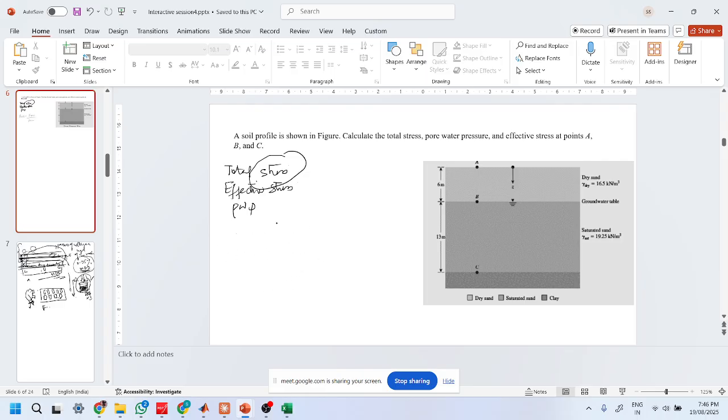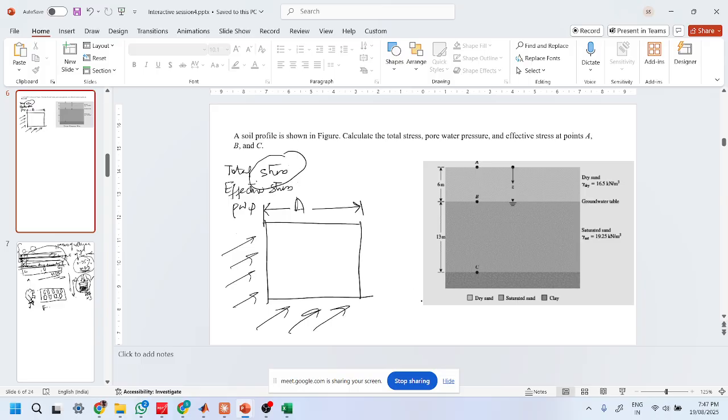But if you say the force is applied, this is the area, and you can be applying load on the entire area. Stress is the internal stress which is generated through the application of the load.